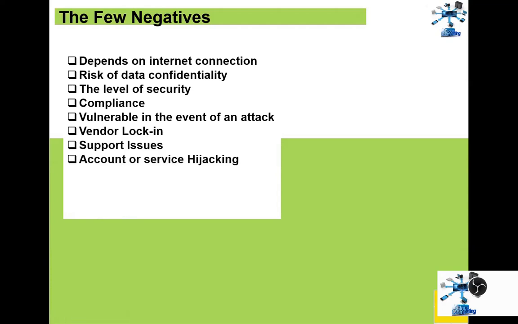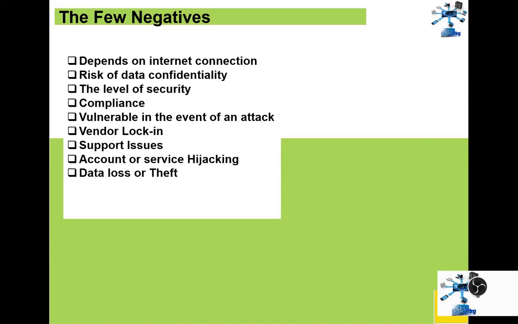Yes, support issues. Whatever the SLA agreements are, the support issues are still there. People who are involved in the cloud business know these things practically. We'll talk about those things again later. Account and service hijacking, yes, your cloud account is critical. Your accounts and passwords can still be stolen and utilized by other people. So these risks are there.